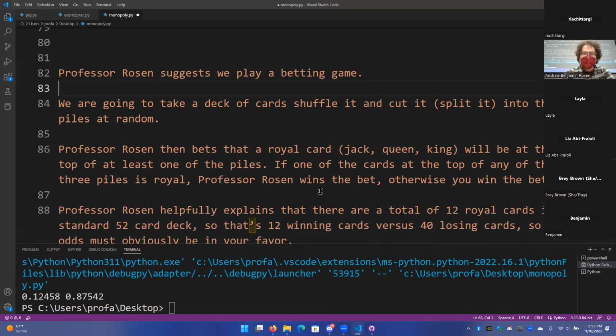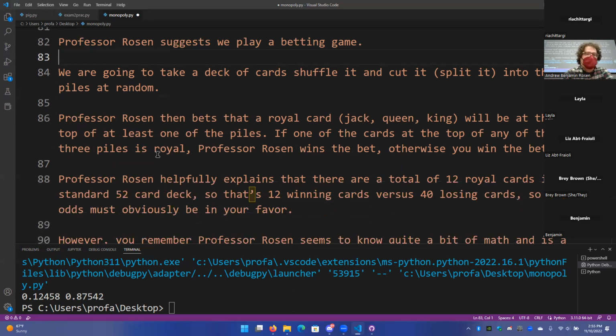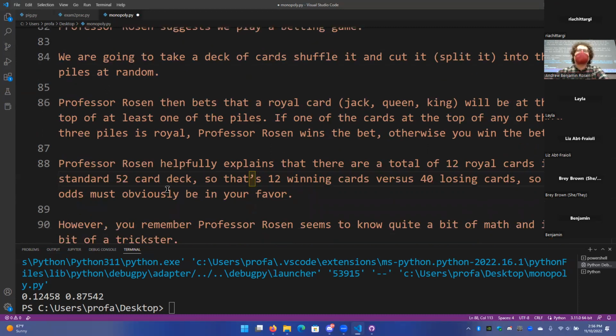There are only 12 royal cards in the standard 52 card deck: a jack, a queen, and a king of each of the 4 suits. So that's 12 winning cards and 40 losing cards. Obviously, much more in your favor.